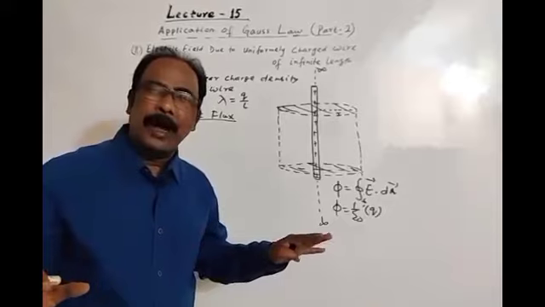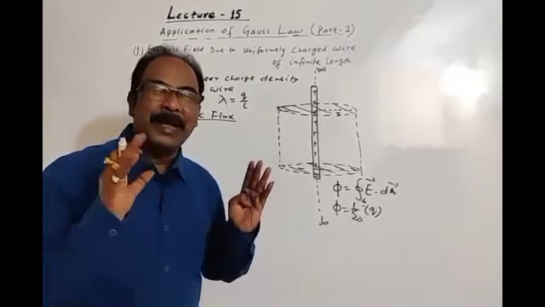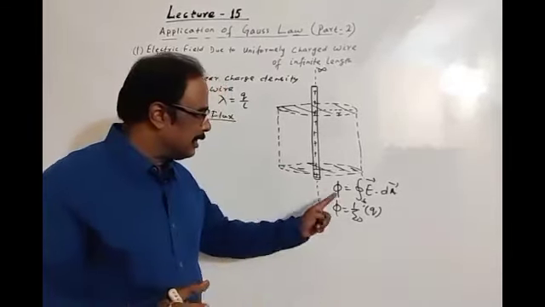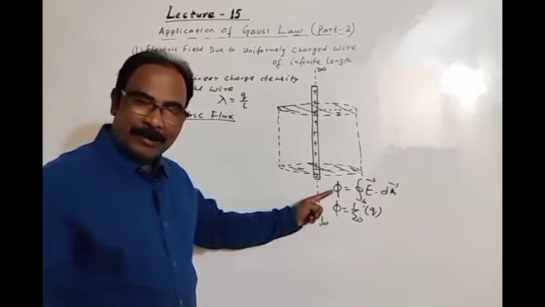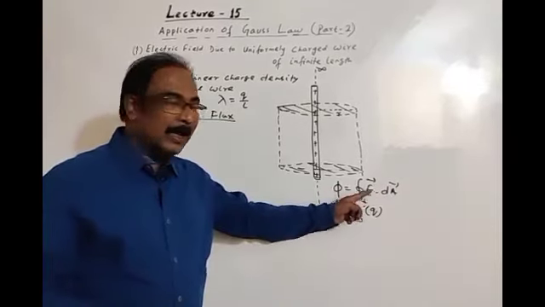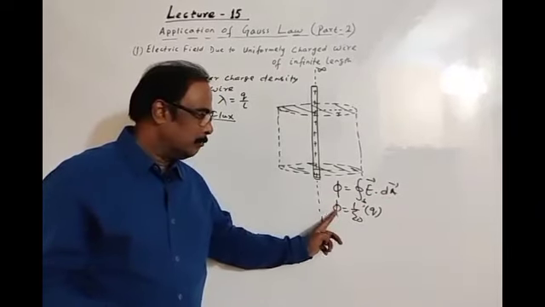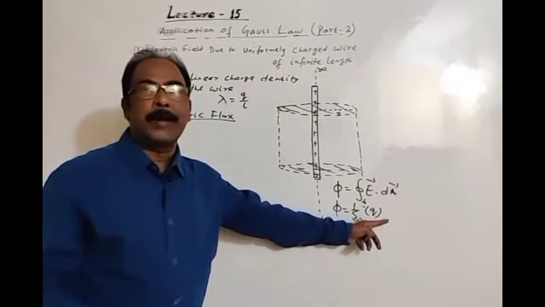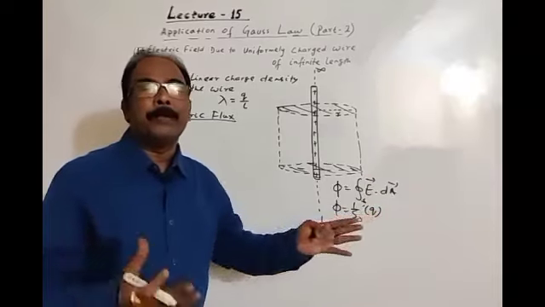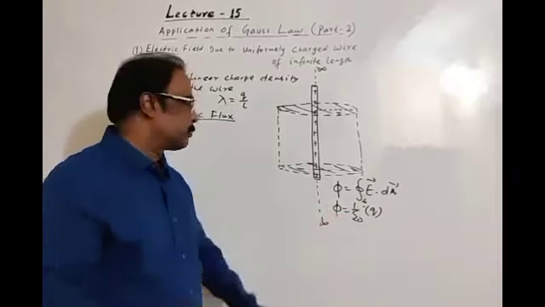These are the steps to apply Gauss law. First, consider a Gaussian surface, then find the flux using the surface integral of E dot dA, then as per Gauss law, the flux is 1 by epsilon naught times the charge enclosed. Then we equate these two equations.